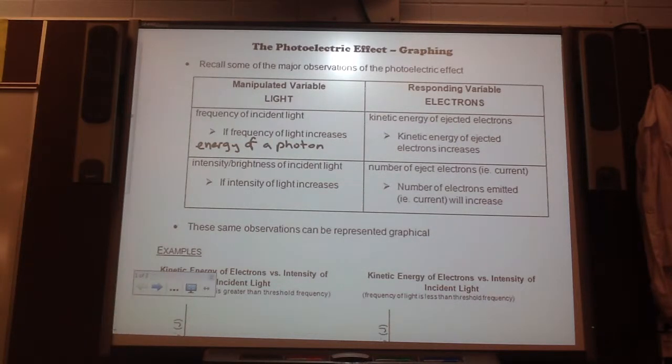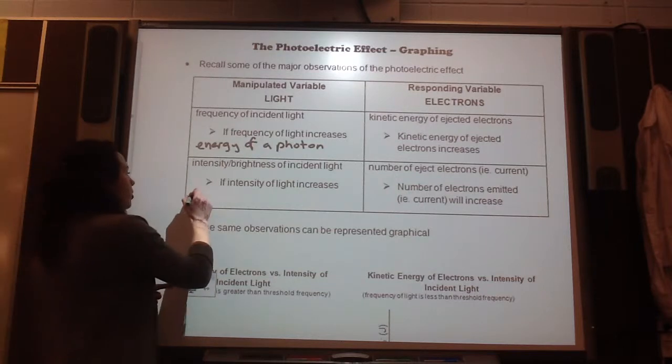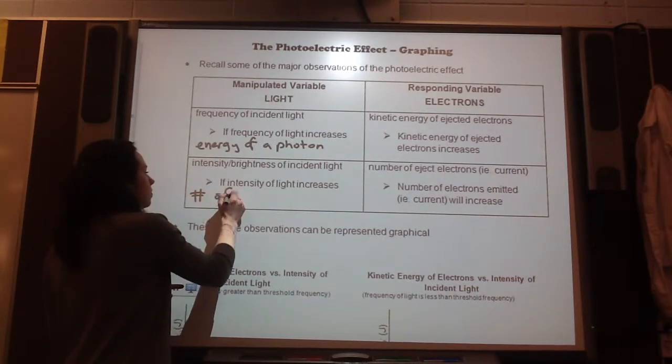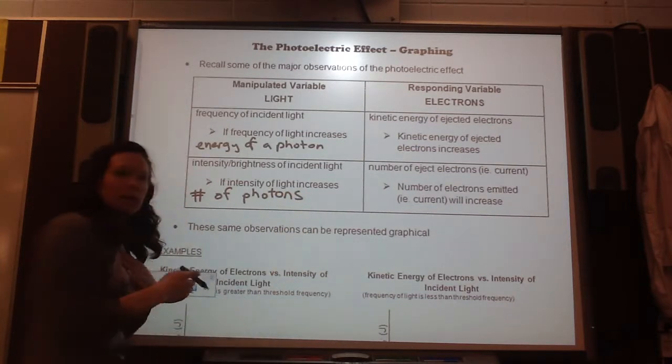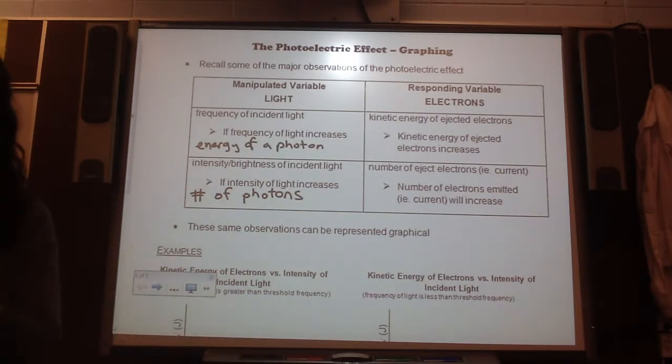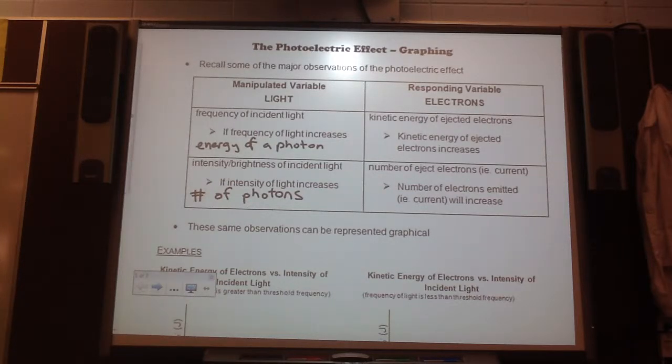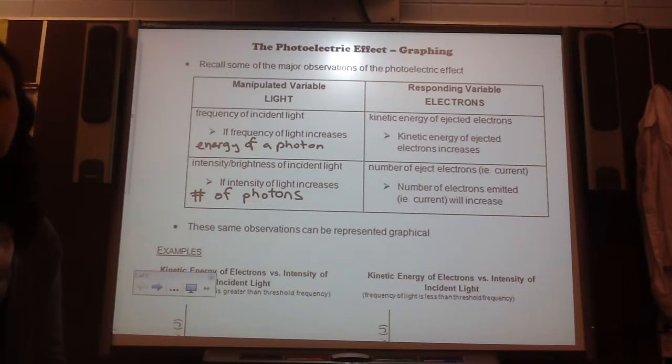Then, say we increase the intensity of the light, so that is the number of photons. That's the amount of photons coming in. Now, if the amount of photons coming in increases, even if the frequency of that light is really low, it might still not emit any electrons.